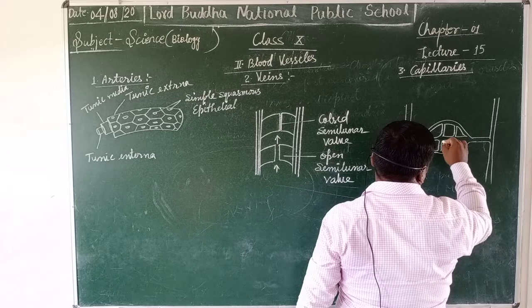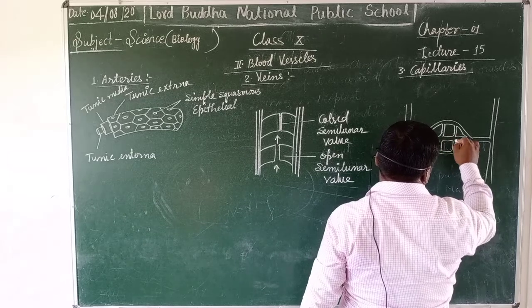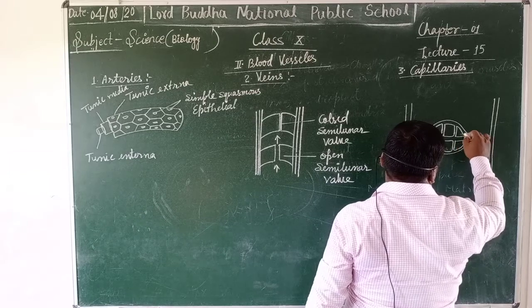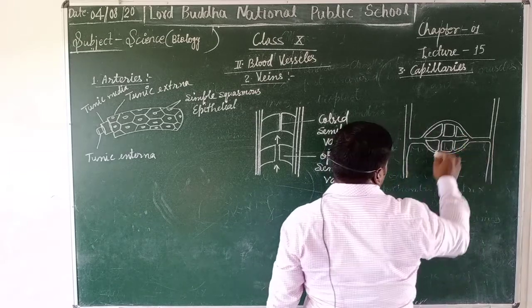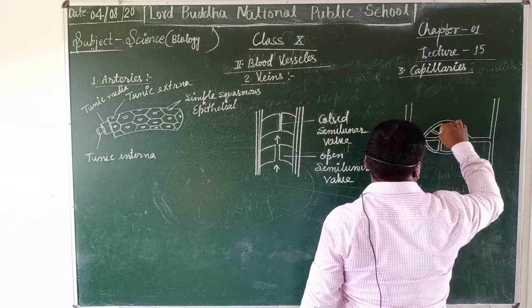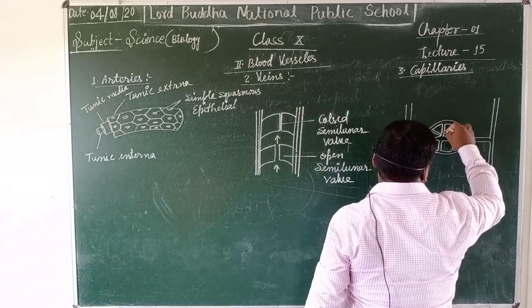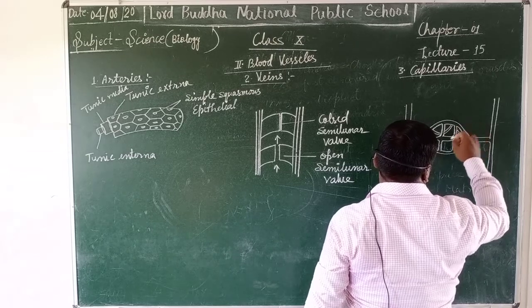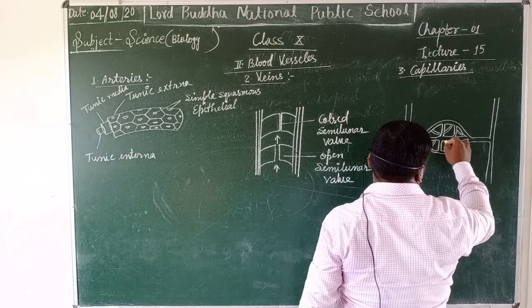They are found inside the internal organs only, where the arteries and veins are not present. The capillaries are known as the interlinked medium between an artery and a vein.